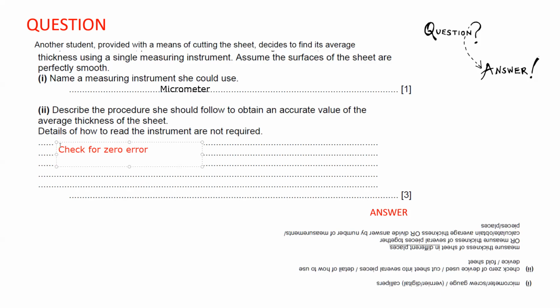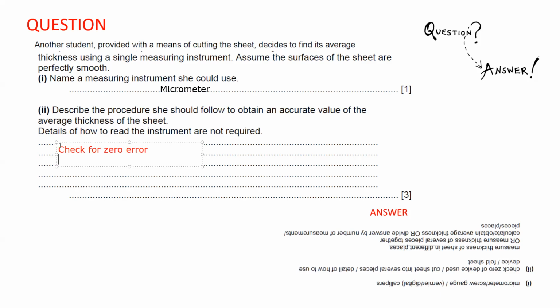Then, instead of measuring one sheet, because one sheet will be very thin, and when you are reading a small value, your percentage error is higher as compared to a large value.